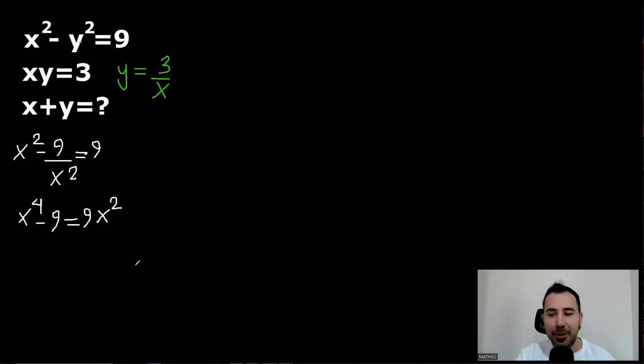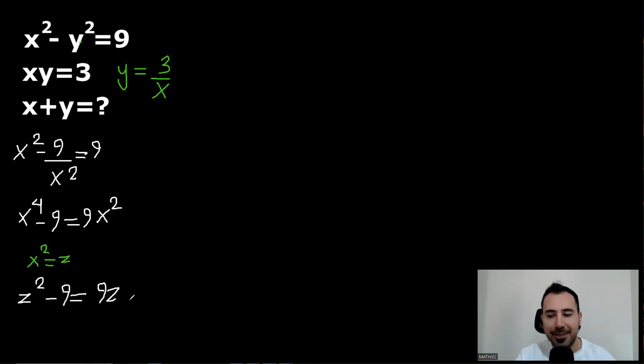So here, if we decide that x squared, we're going to call it something else. If I decide to call it z, this would become z squared, right? So the equation becomes z squared minus 9 equals 9z.